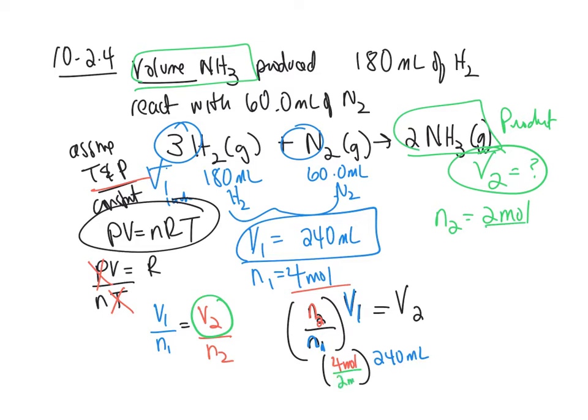You see where I switched that, and you've got to be careful because N2 is on top. So we need 2 moles on top, N2, and then on bottom we're going to have 4 moles, because you will get the wrong answer otherwise. So if you take 2 divided by 4 and multiply that by 240, you get V2 equals 120 milliliters. And you see that that is option A.